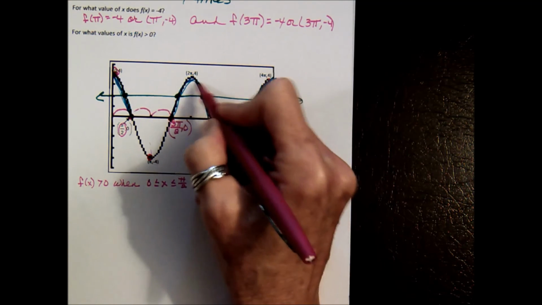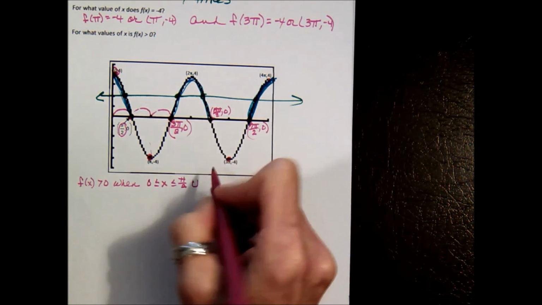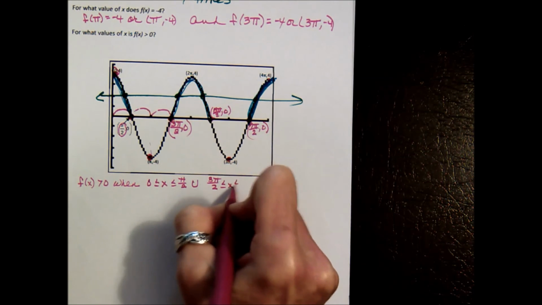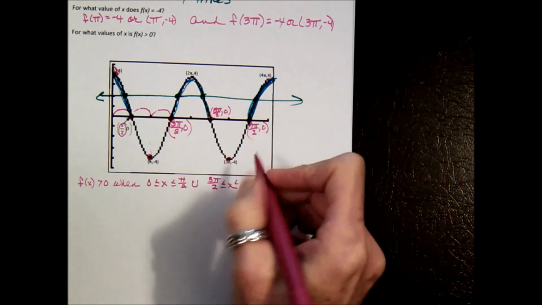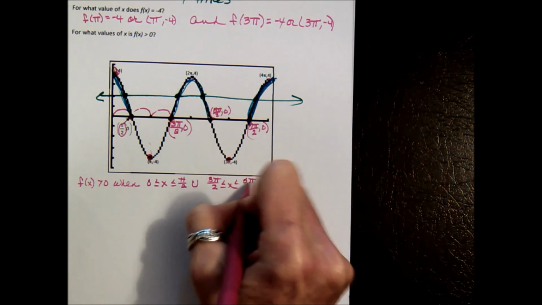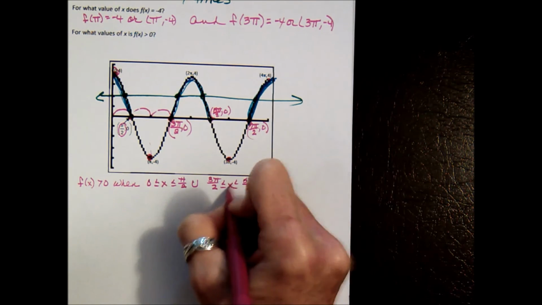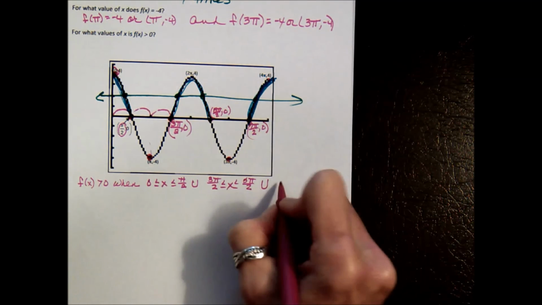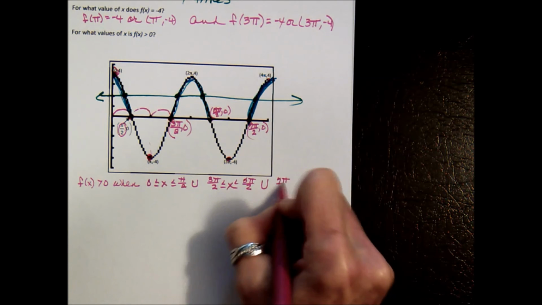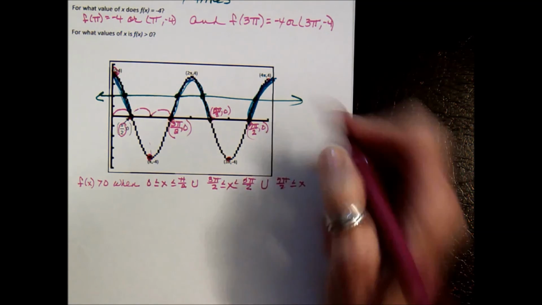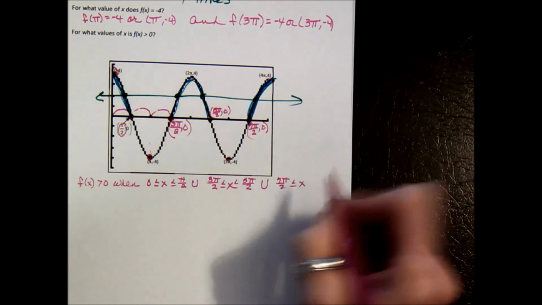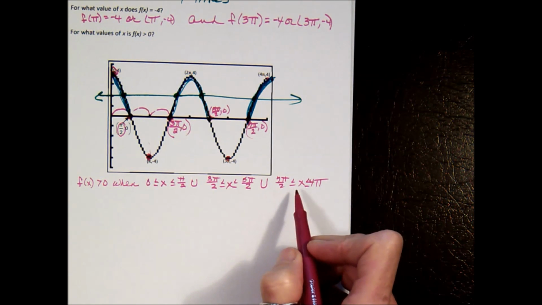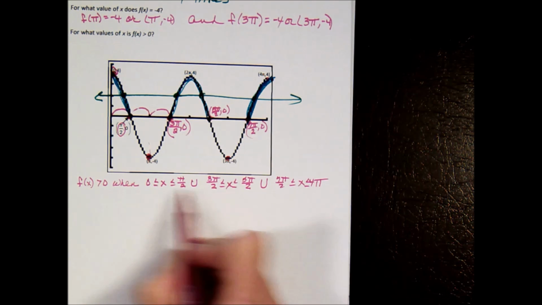What are the x's? It's when x is between 3 pi/2 and 5 pi/2. But that's in union with, now where else? It starts here, 7 pi/2. So x is between 7 pi/2 and 4 pi. So x is between each of these regions that I showed on my graph in blue.